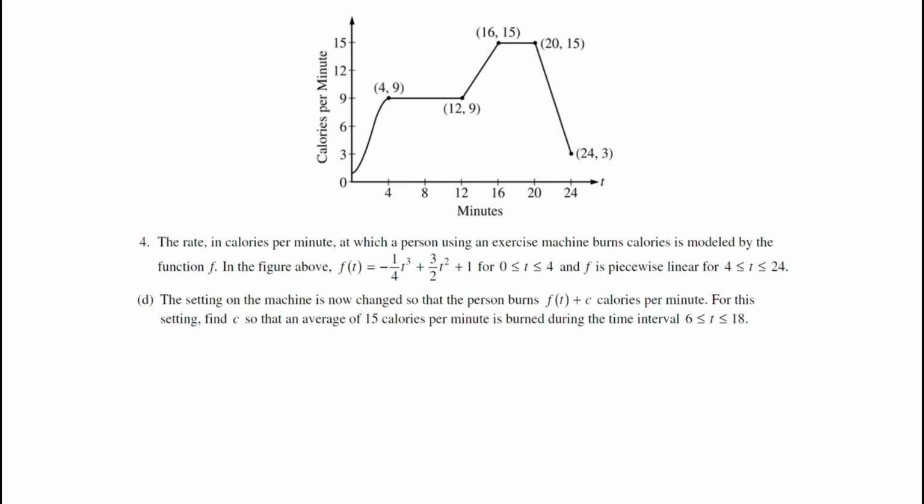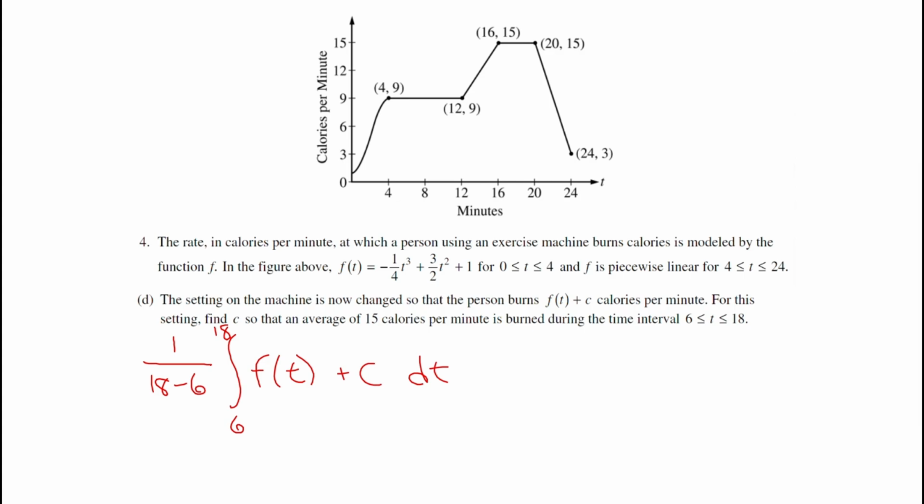Well, the average amount burned from 6 to 18 ought to be 1 over 18 minus 6 times the integral from 6 to 18 of the function that represents the rate at which the calories are burned, which is now f of t plus c dt.